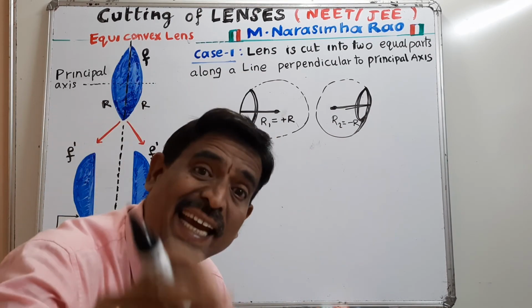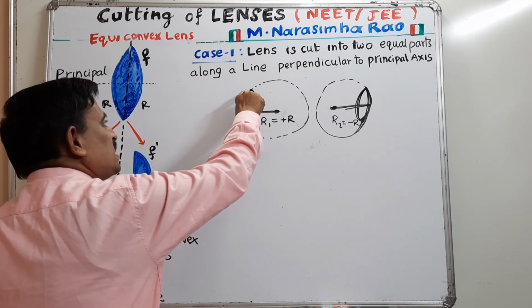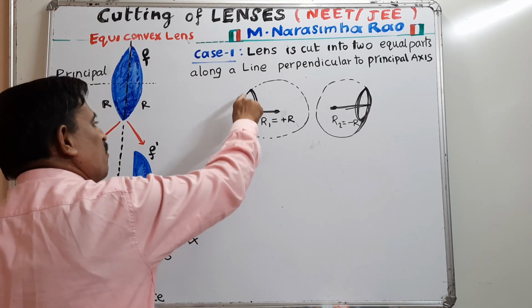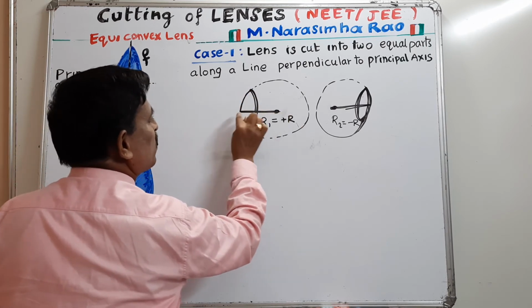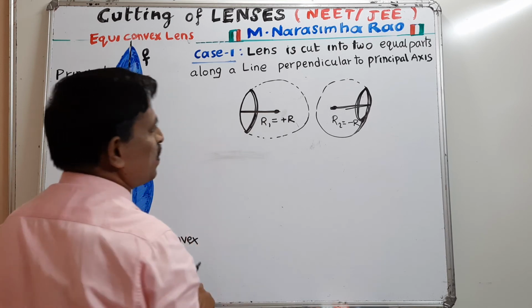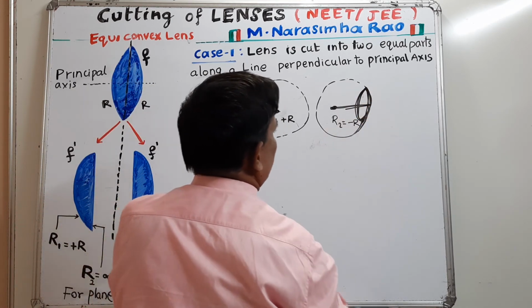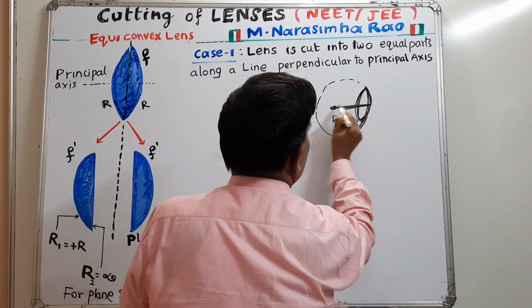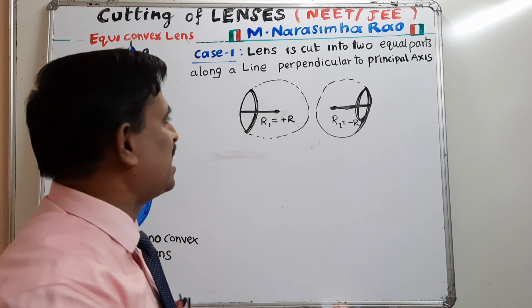According to the sign convention regarding lenses, this is the first surface of the equiconvex lens; its radius of curvature is positive. This is the second surface of the equiconvex lens; its radius of curvature is minus R according to the sign convention.